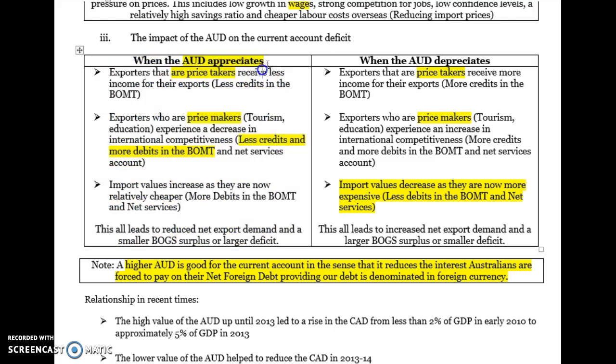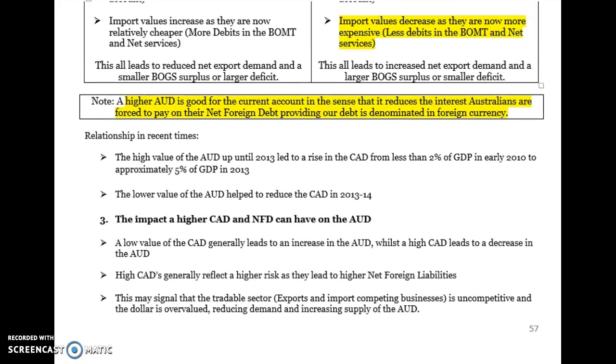But overall, the dollar appreciating is bad for the CAD because the balance of merchandise trade impact is bigger than the impact on the net primary income. In recent times, the high value of the dollar up until 2013 caused the CAD to increase, but then it started to lower again once we had the depreciation of the Australian dollar in 2013 and 2014.